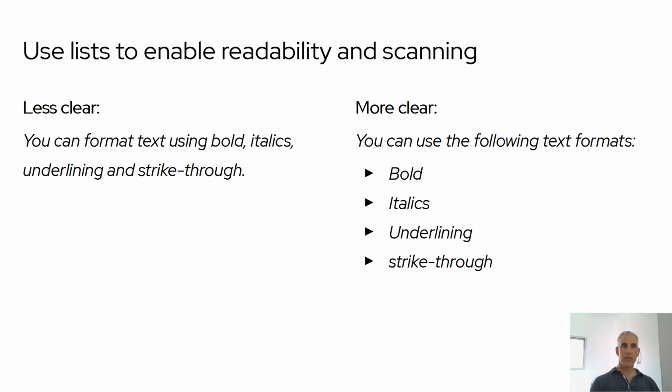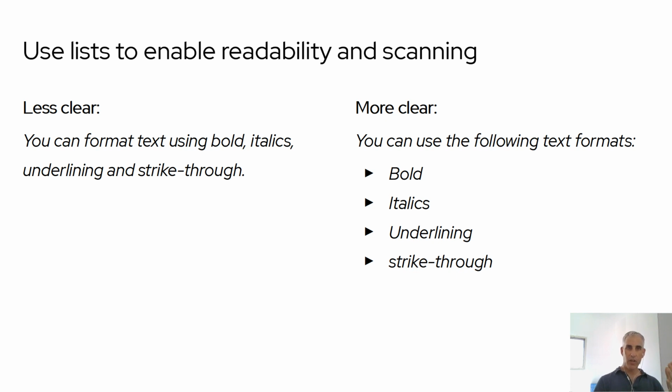Use lists to enable readability in scanning. So, for instance, on the left side, we have a short sentence. It says, you can format text using bold, italics, underlining, and strike-through. But when I look at the right-hand side, I don't even have to read the whole thing, but I already see the bold, italics, underlining, and strike-through. And you can use the following text format.